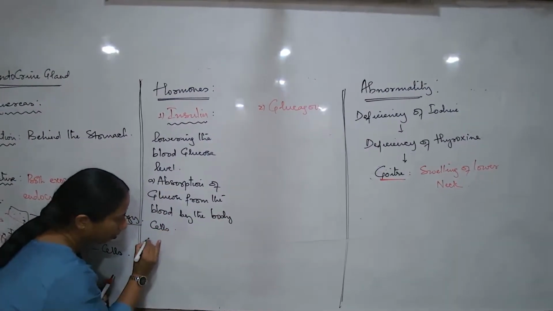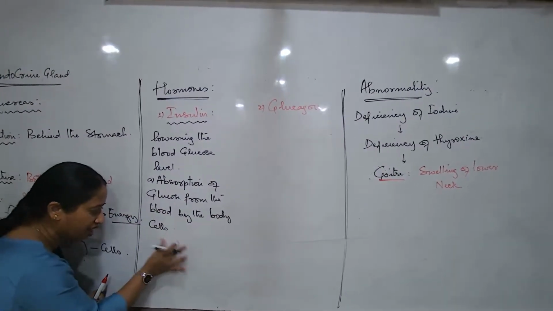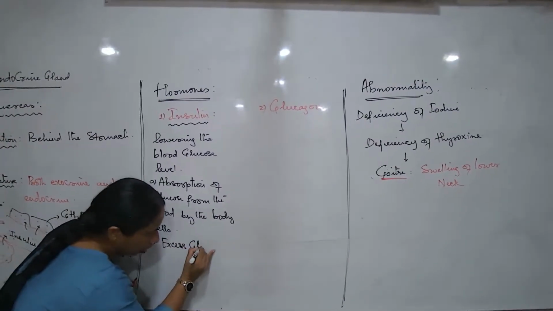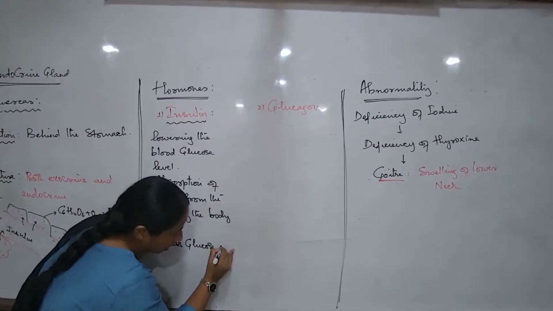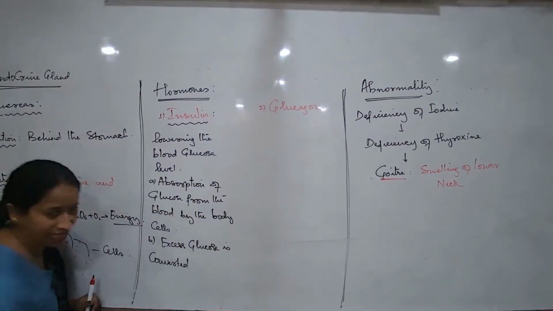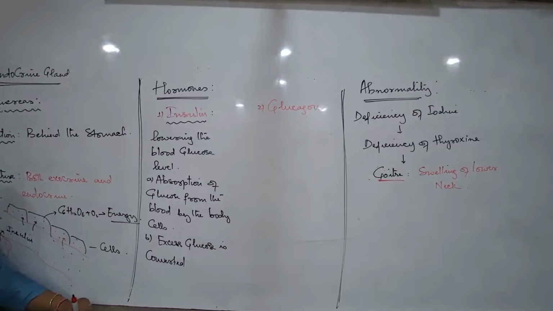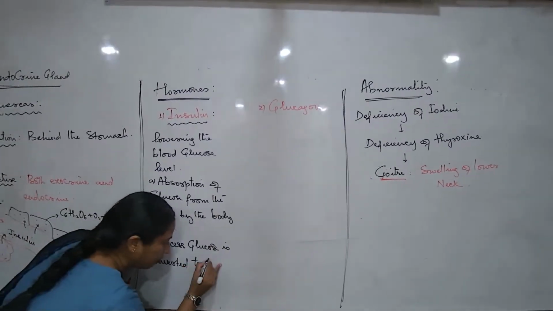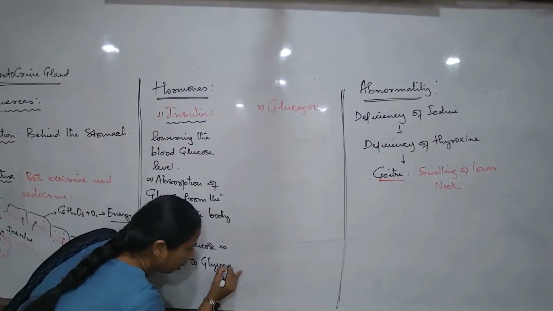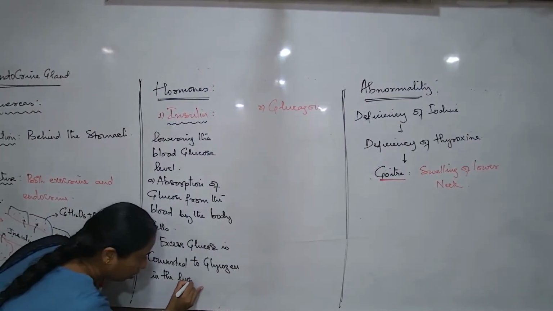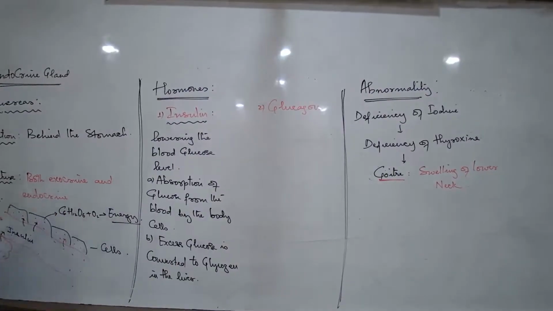And the second, that we already studied with life processes also, the excess or the surplus glucose is converted to glycogen. All of you will write these points. Later you don't remember anything. Excess glucose is converted to glycogen in the liver. So these are the two pathways how insulin lowers the blood glucose level.